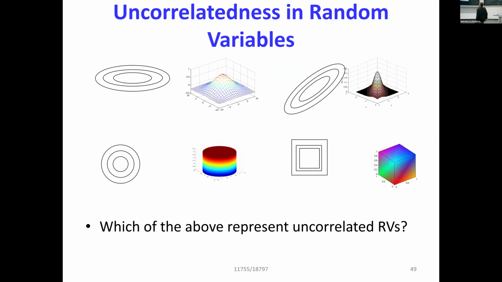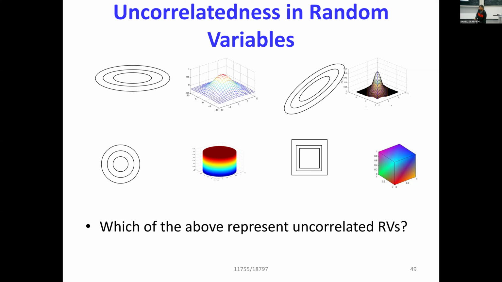Okay. So here are some probability distributions. The first two of them are Gaussian, the third is a cylindrical kind of Gaussian distribution, the other is a square. In the top left, do you think X and Y are correlated? The distribution to the top left. The line figures are showing the equal probability loci.